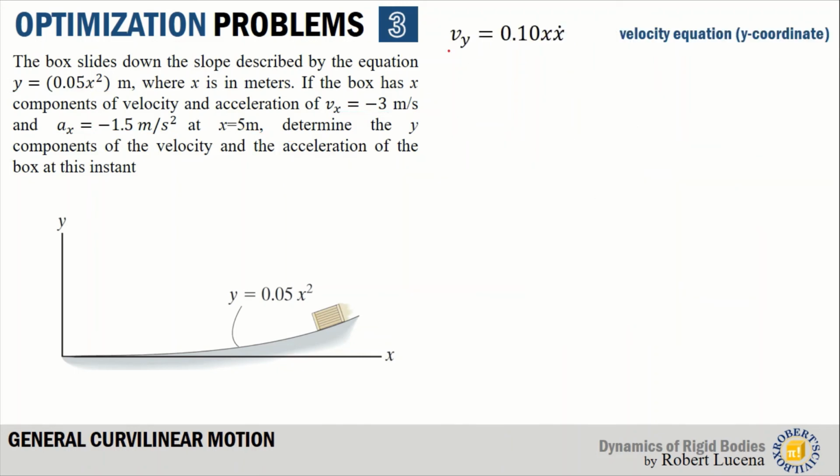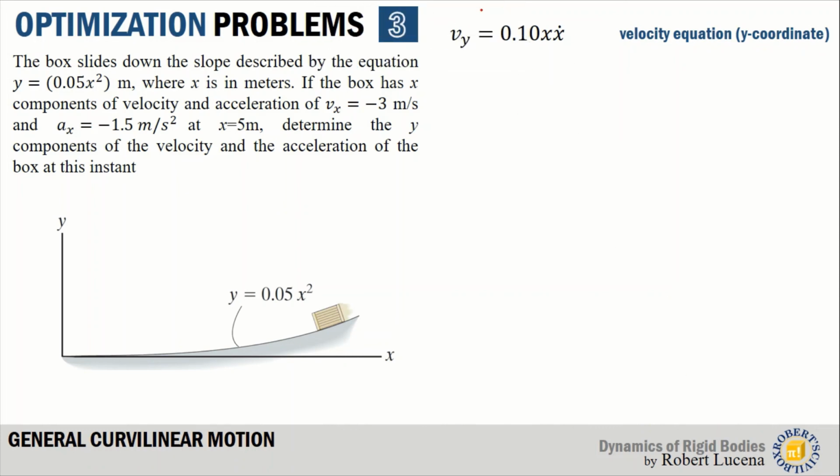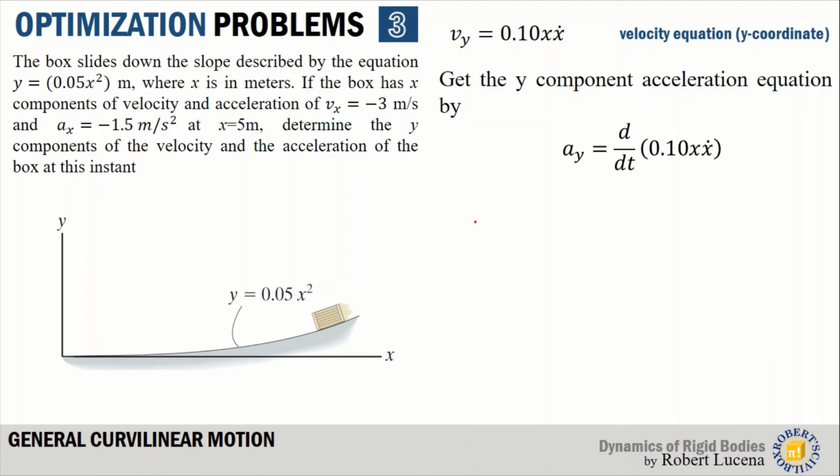Now we have the velocity about y component, we can get the acceleration about y. So by simply getting the derivative of that equation yields us Ay. So the first time derivative of this equation is the acceleration about y.